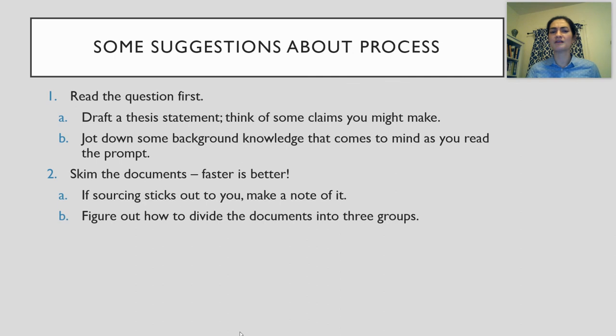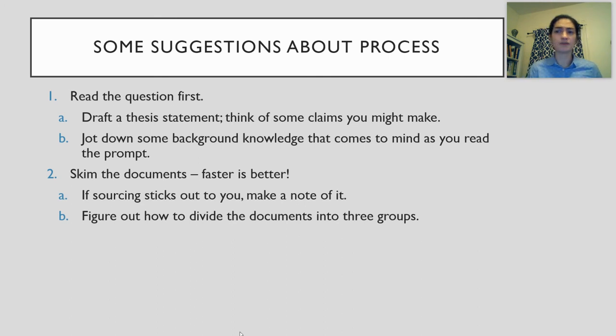Second thing I would recommend is grouping the documents. You're almost always going to write a 3-body paragraph DBQ, meaning that you want to be able to divide those documents into 3 groups. Again, don't spend a huge amount of time writing a bunch of words at this point.